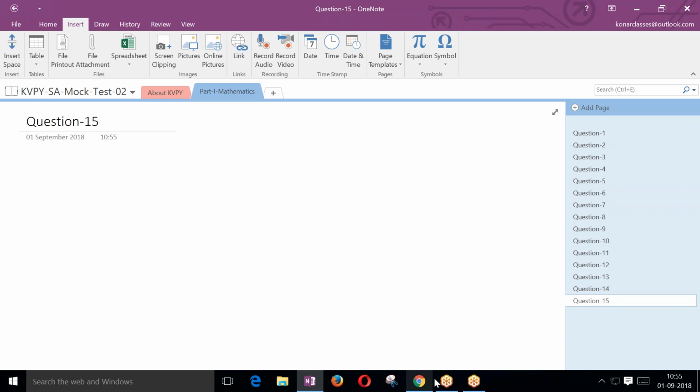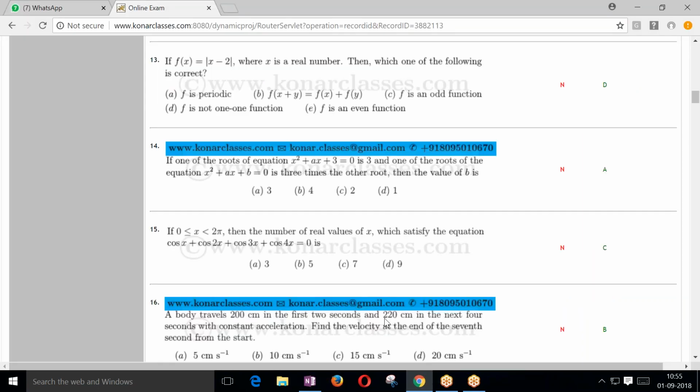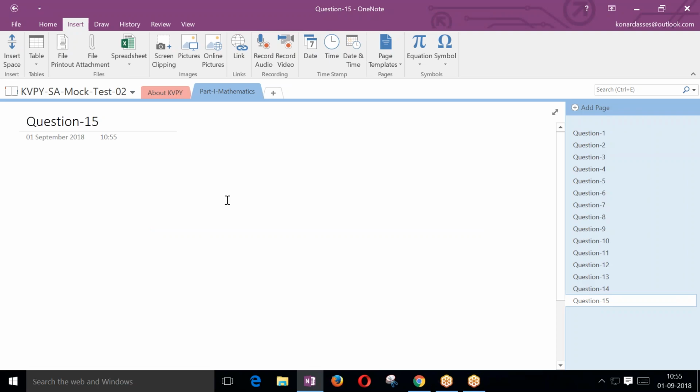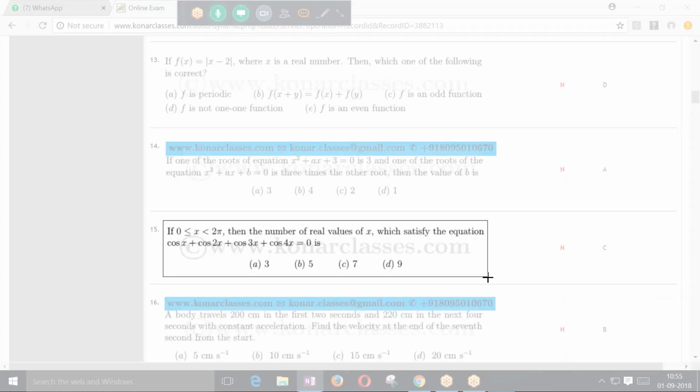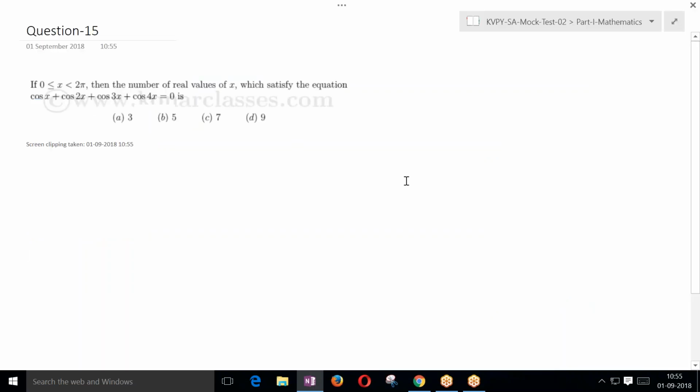Okay, so the next question is, let me pull it out, this question. So if x is in between 0 to 2 pi, including 0 but excluding 2 pi, then the number of real values of x which satisfy the equation cos x plus cos 2x plus cos 3x plus cos 4x equal to 0 is what?